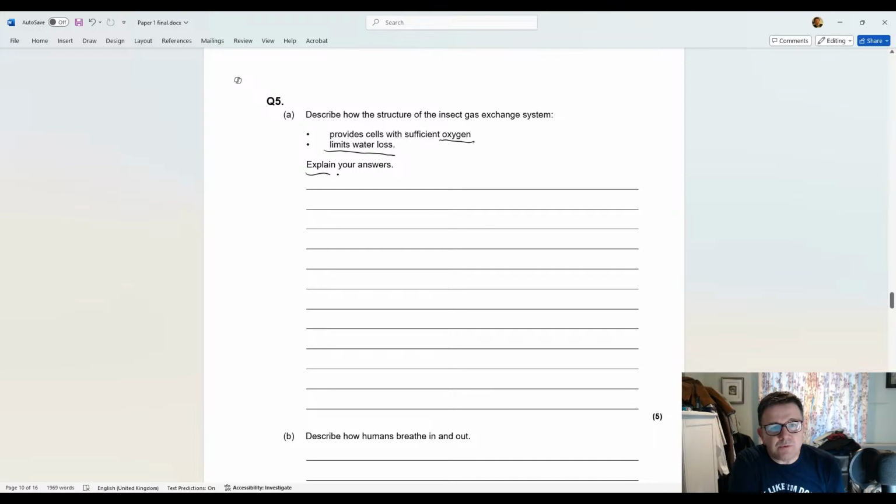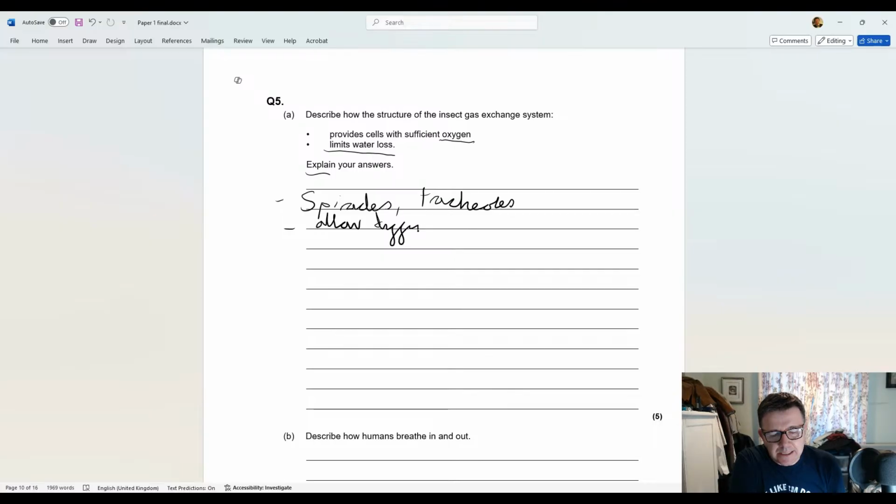Okay, so you've got to talk about the structures first. So you could mention the spiracles. So these are the holes on the outside. You can mention the tracheoles, or I would say trachea, or tracheoles. What do the spiracles do? Well, they allow diffusion to occur.